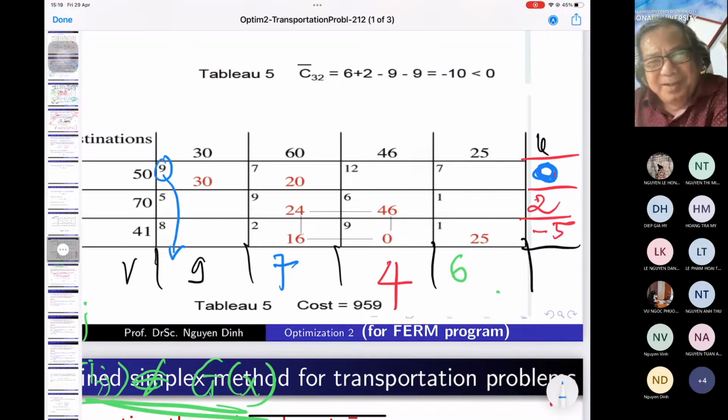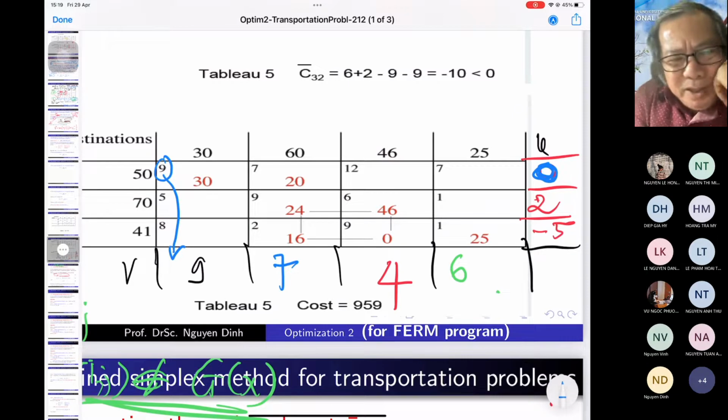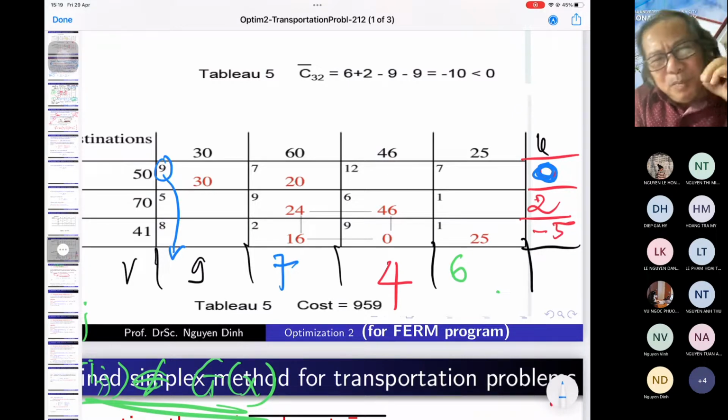But I tell you that the key point is that we want to find out the way how to tell the computer. Okay, how to program to tell the computer the way how to find out ui and vj. Okay, not you do it.